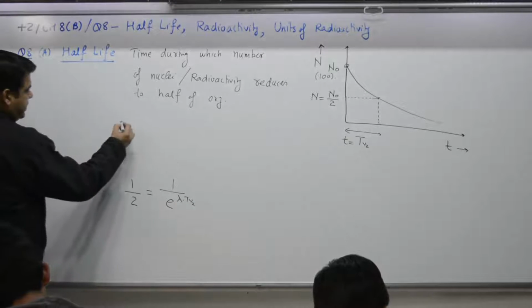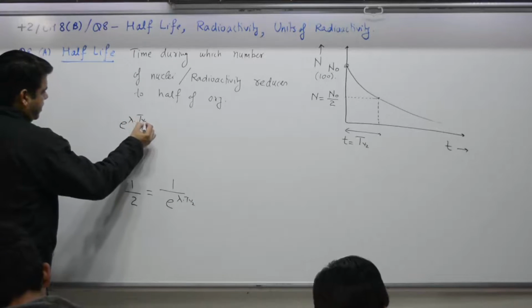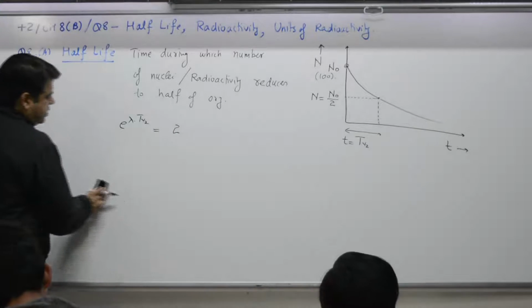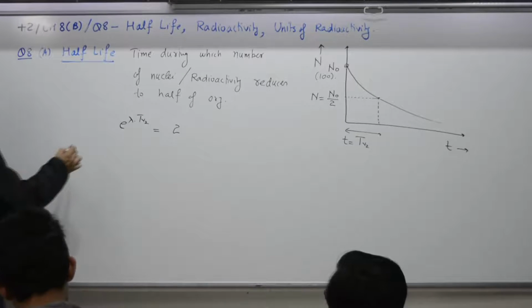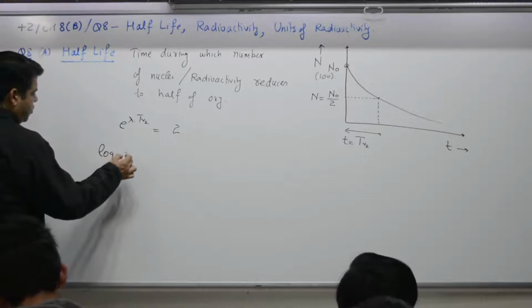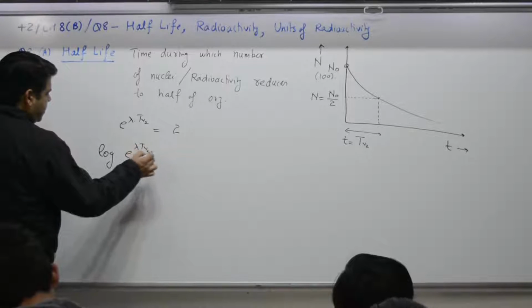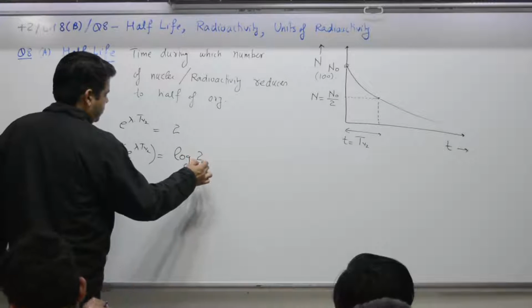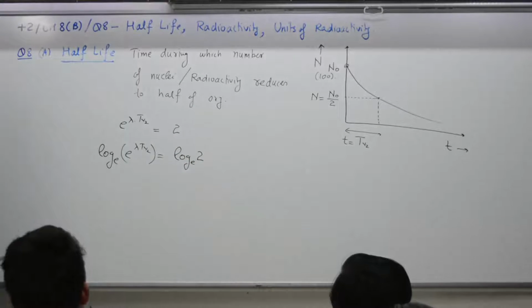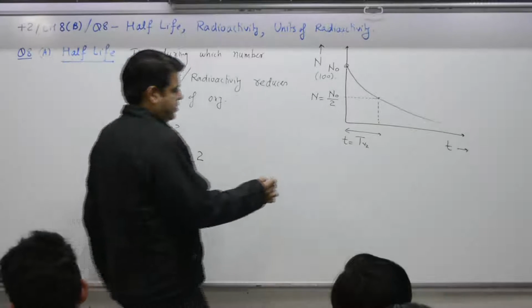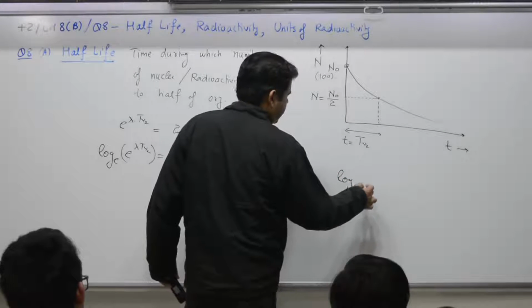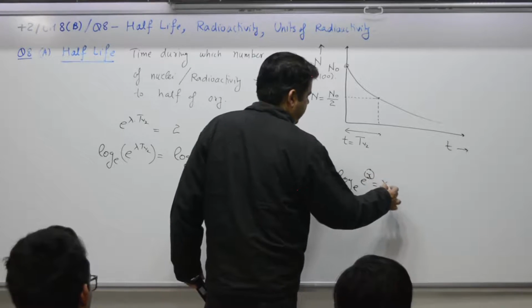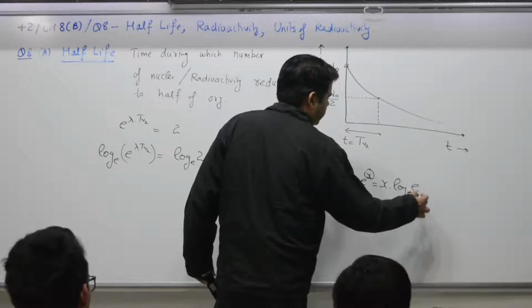Yes, e power lambda T half is equal to 2. Taking log on both sides to the base e, it is log of e power lambda T half to the base e is equal to what? Log of 2 to the base e. If it is log of e power x, it is equal to what? Yes, x times log of e to the base e.